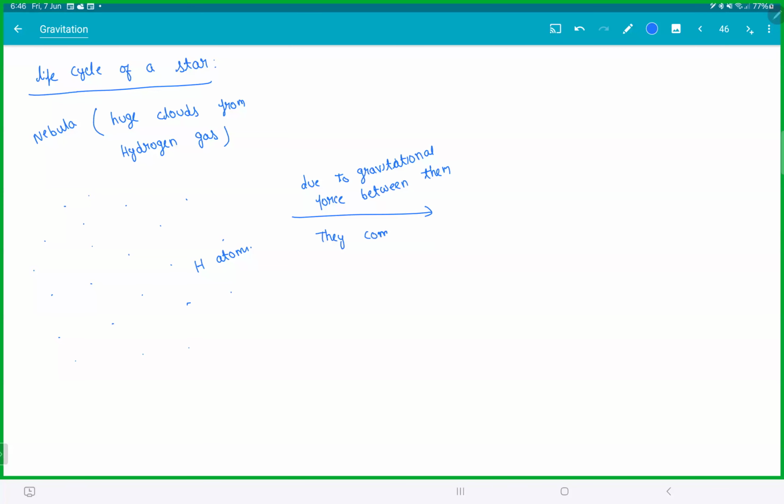They come closer. So they'll start clumping around. Now the thing is, once you start forming a clump, the mass becomes more dense, so you can attract even more hydrogens. No? So it's like a positive cycle.